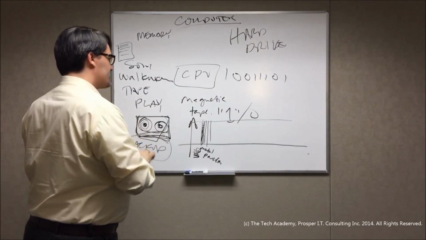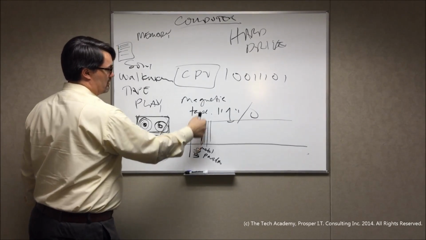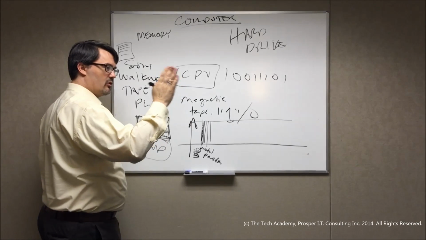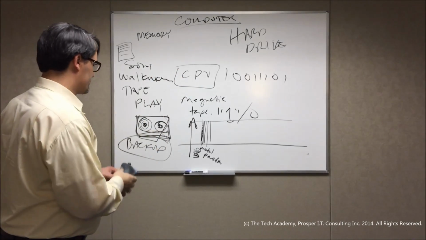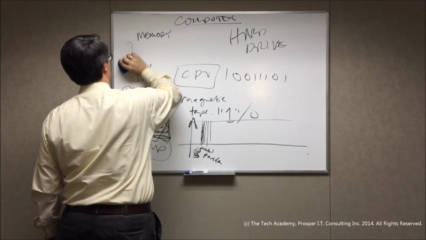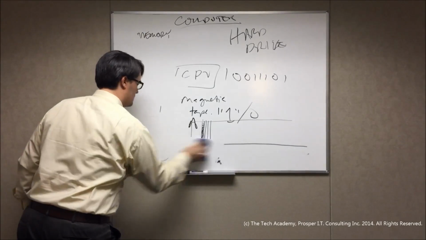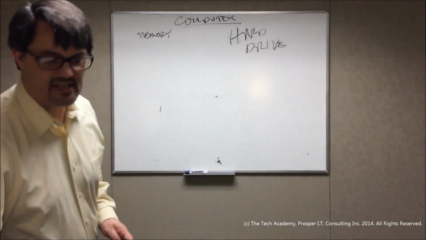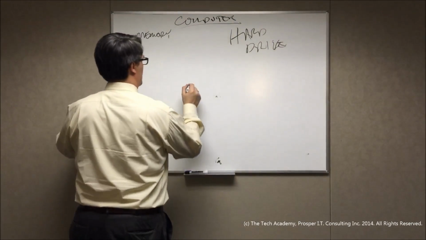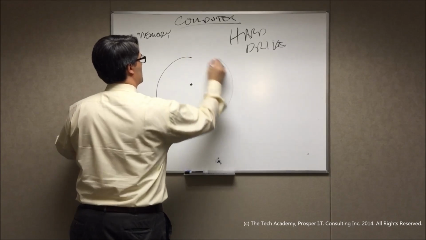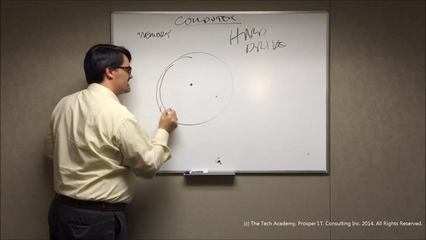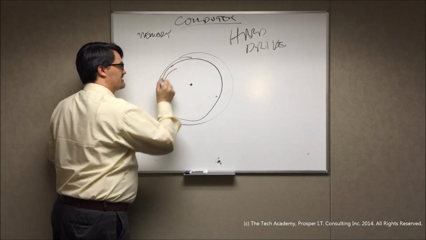All right, so you get this idea of being able to store data magnetically by either aligning metal particles or not aligning metal particles. So, what if you had a big round disk, and at a very small level that you couldn't really see with the naked eye, it was actually organized into rings.